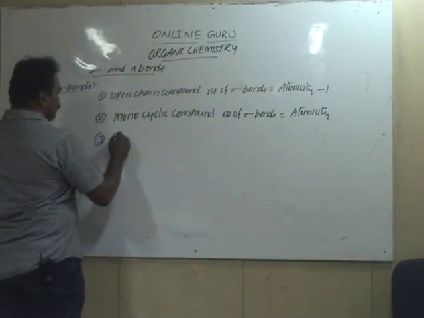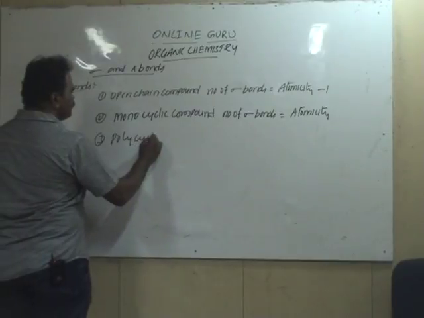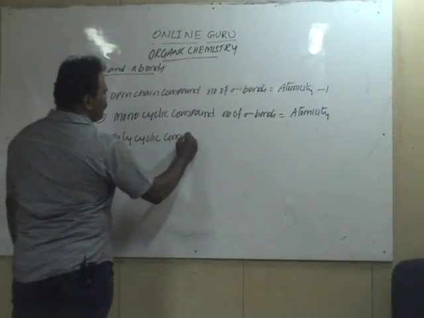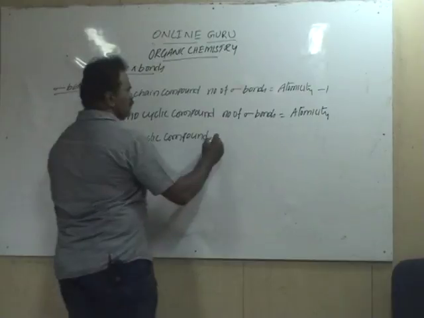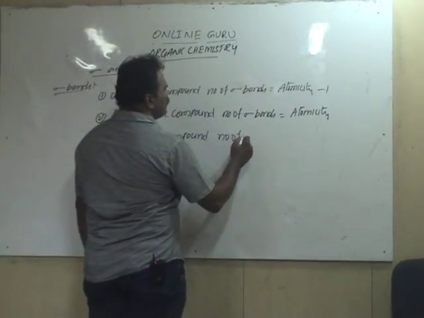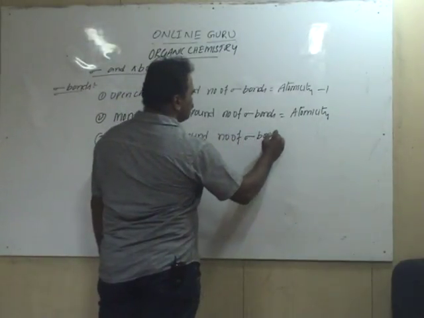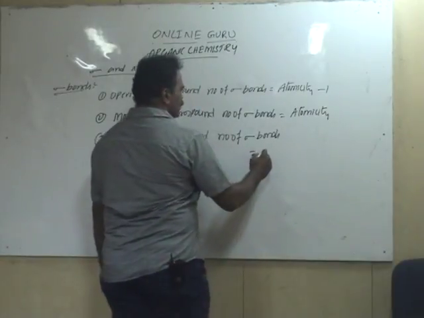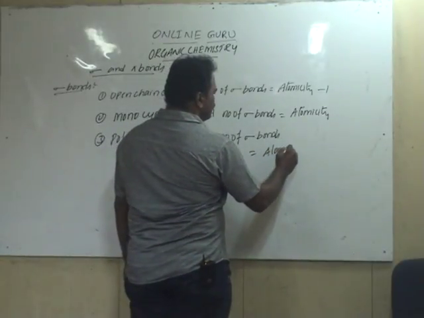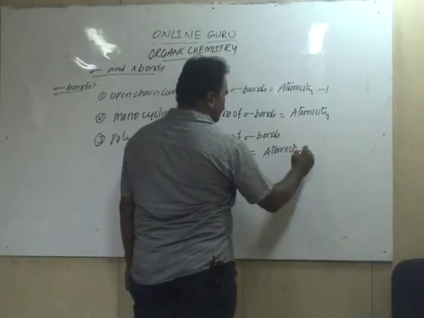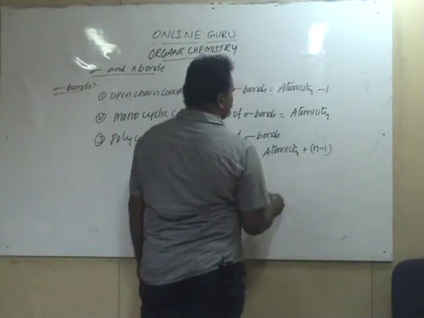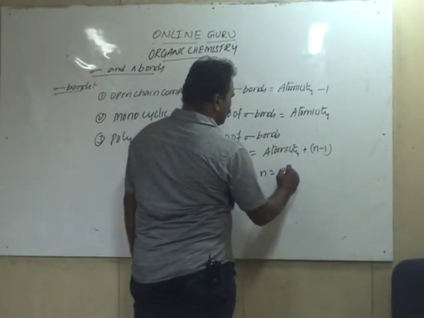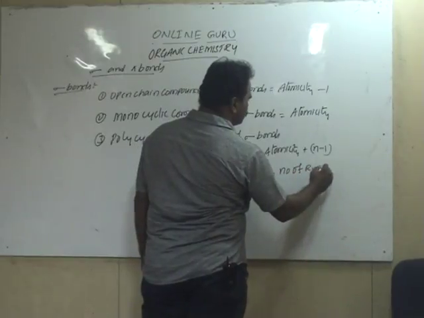Third one, polycyclic compound: the number of sigma bonds equals atomicity plus n minus 1. Here n equals the number of rings.